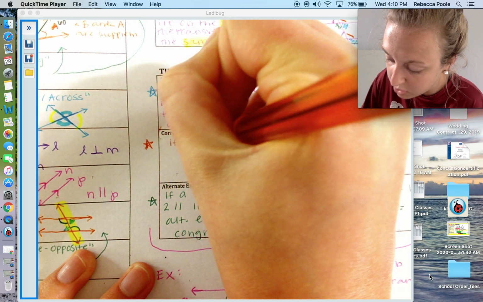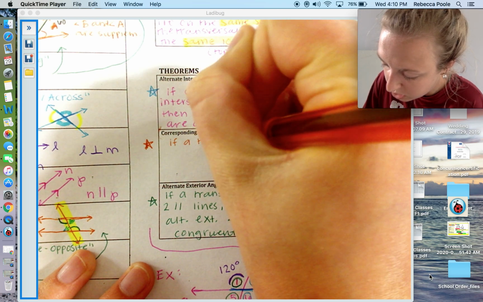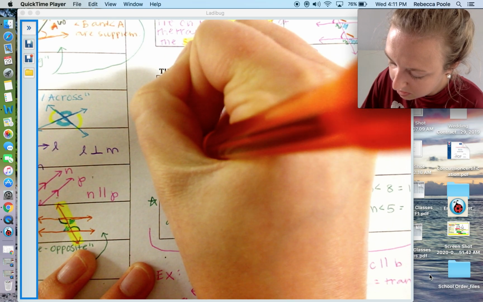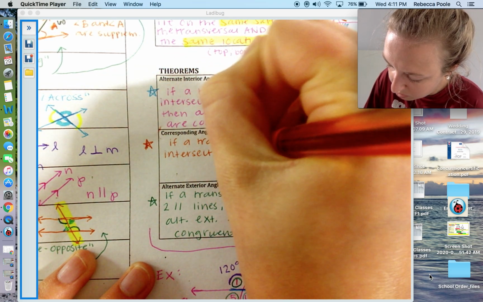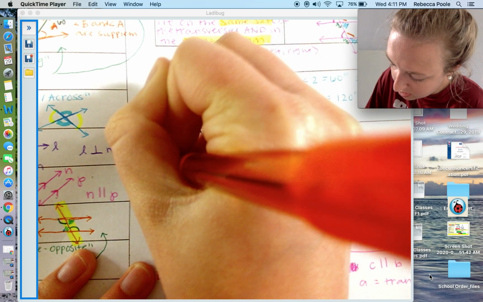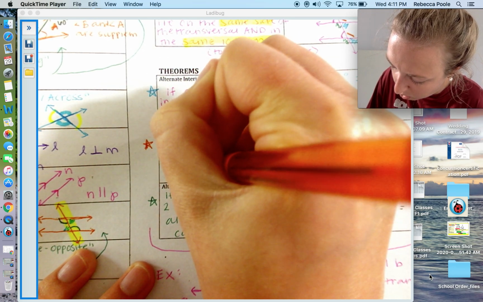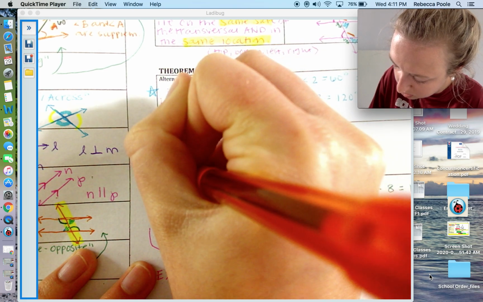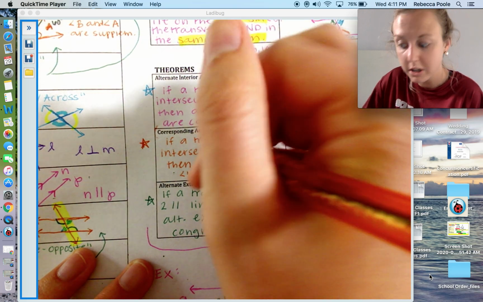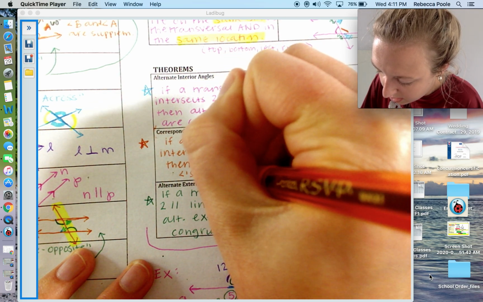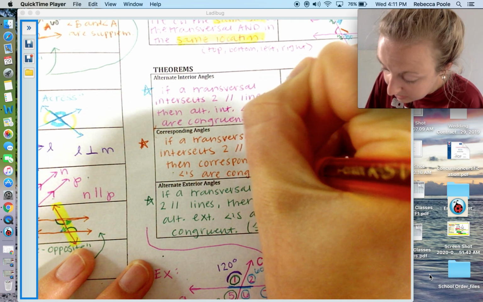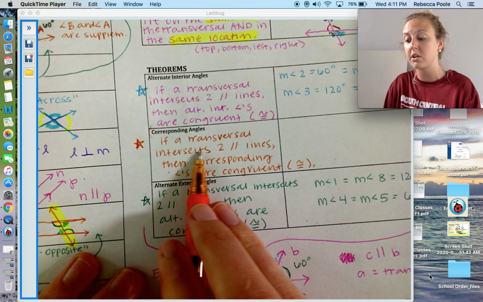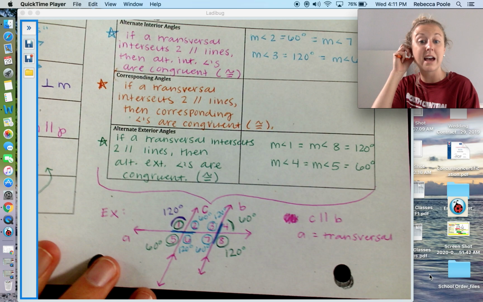If a transversal intersects two parallel lines, then corresponding angles, you can probably guess the last part, are congruent, which means they're equal, okay? But notice it says if a transversal intersects two parallel lines. So again, you have to have parallel lines.